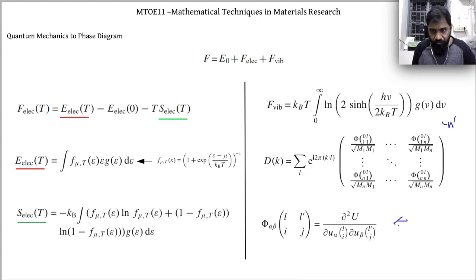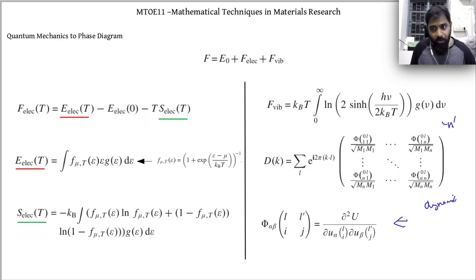So this term just talks about interaction between atom 1 and atom 2. It talks about interaction between atom 1 and atom 3 and so on and so forth. So when I want to represent the force between all the pairs of atoms in my system of n atoms, I can represent it in the form of this dynamic matrix.